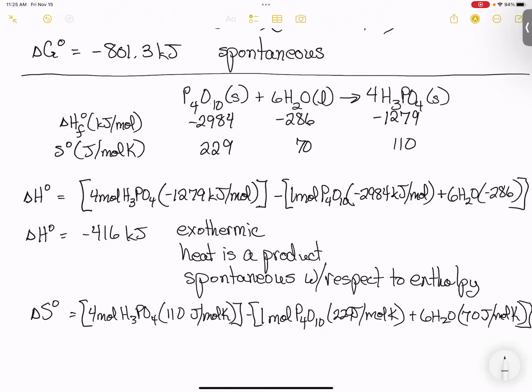So 4 times 110 minus 229 minus... When you key this into the calculator, you get a delta S naught equal to 631 joules.